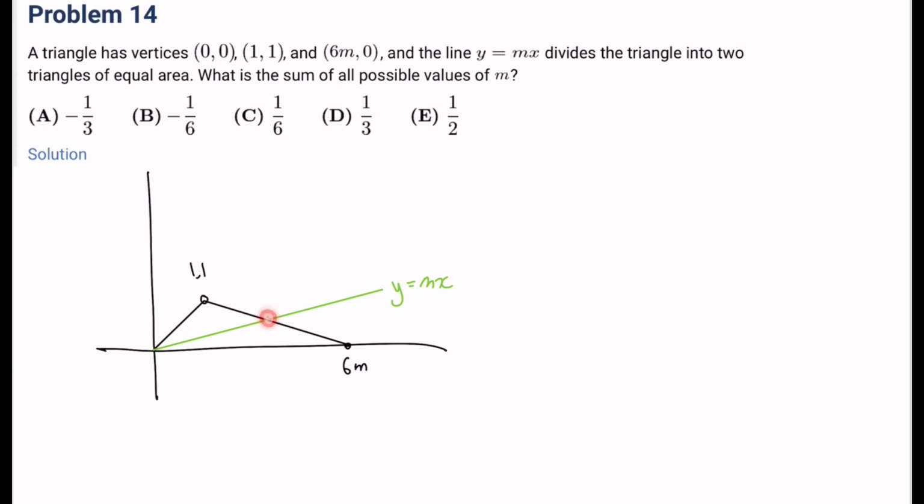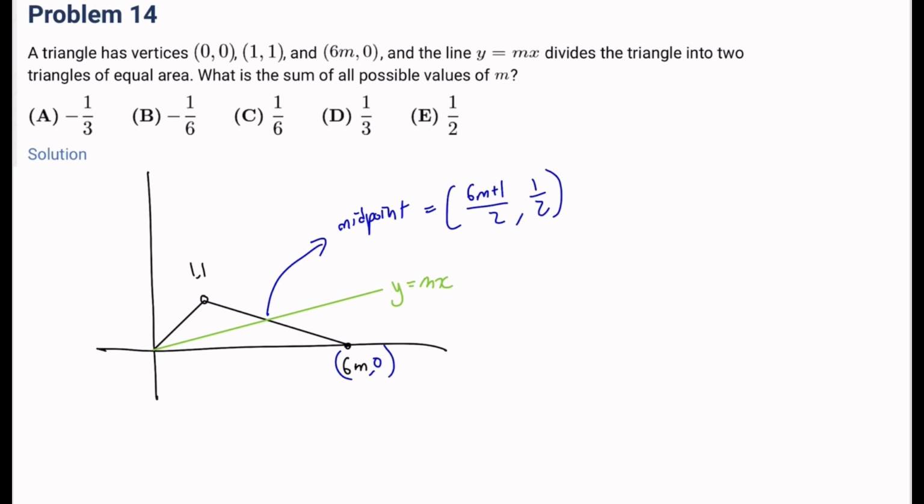And so this must be the midpoint of 1, 1 and 6m, 0, and this y value must be 1/2. So this gives us that it's the midpoint of 6m, 0 and 1, 1. So this is going to be 6m plus 1 over 2, 1 over 2, right?